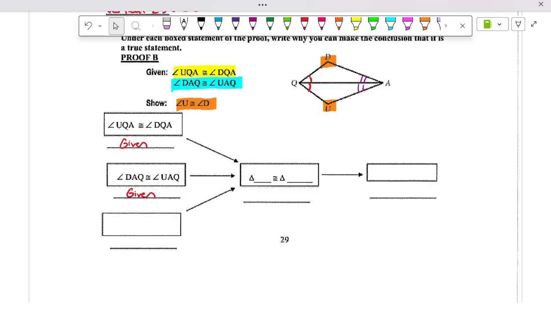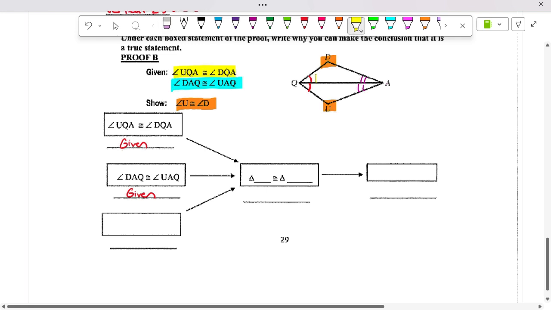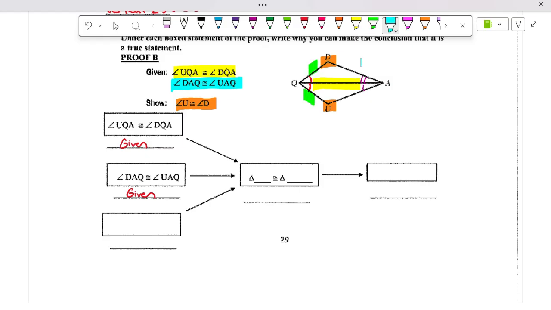So we either need to show that this side is congruent because it's between the two angles, or that these two sides or these two sides are congruent. Which one is the only one that we can show congruent based off of what we have? What's a reasonable assumption that we can make?